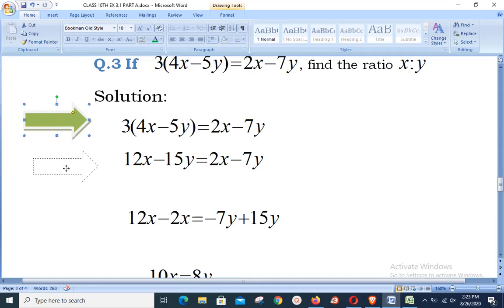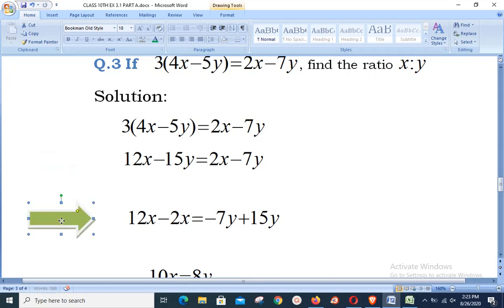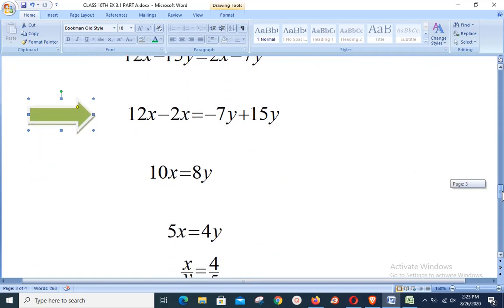On the left hand side, opening the brackets, we have 12x minus 15y is equal to 2x minus 7y. Rearranging the terms, both involving x on the left hand side and both involving y on the right hand side, we have 12x minus 2x is equal to minus 7y plus 15y. Simplification gives us 10x is equal to 8y.